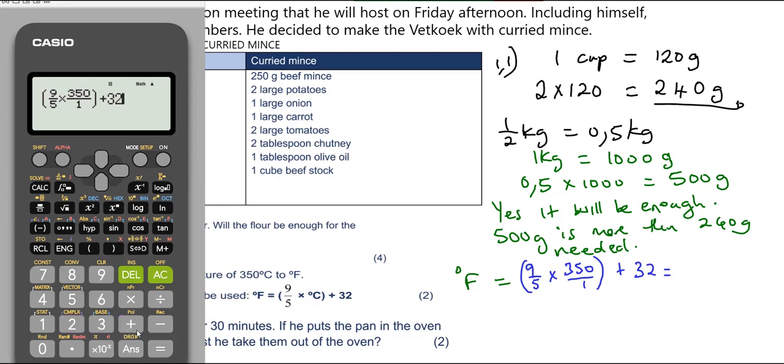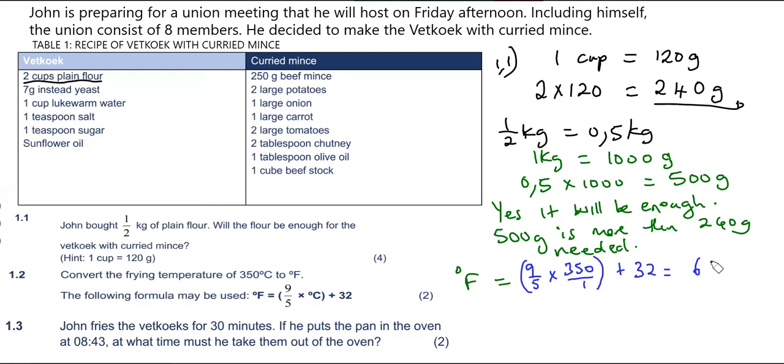You must learn to punch your calculator, guys. Use brackets to get your answers nicely. So it's going to be 662 Fahrenheit.